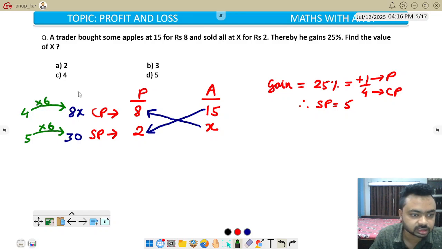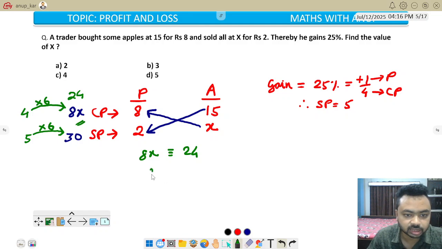So 4 into 6 is 24. So this 8x is equivalent to 24. So my x will come out to be 3, which is my required answer. This x is nothing but 3 number of articles. Okay, so this is my answer.